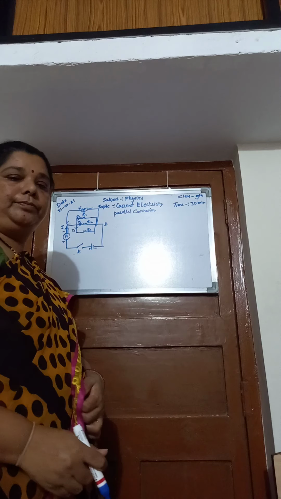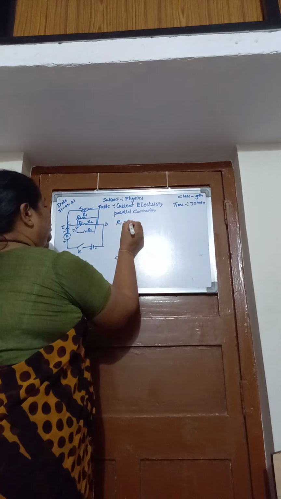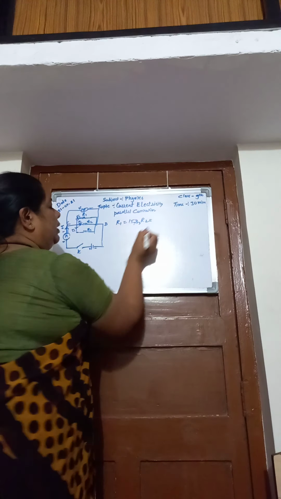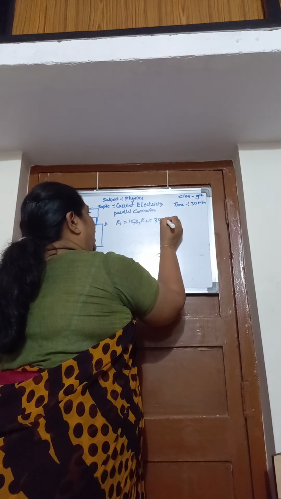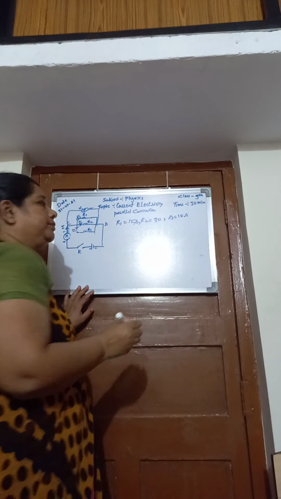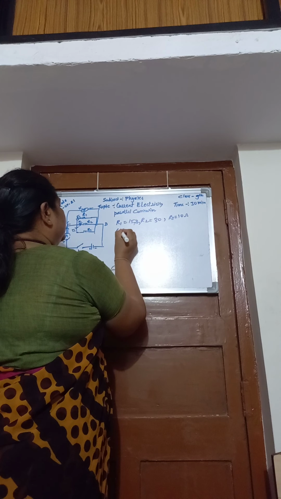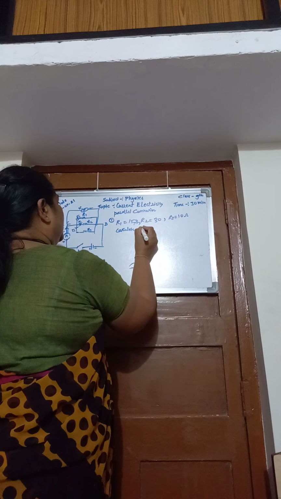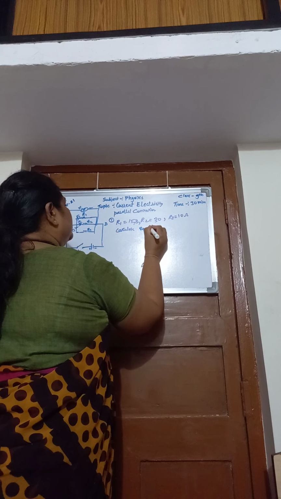Given is R1 equal to 15 ohm, R2 equal to 30 ohm and R3 equal to 10 ohm. First, calculate the equivalent resistance.